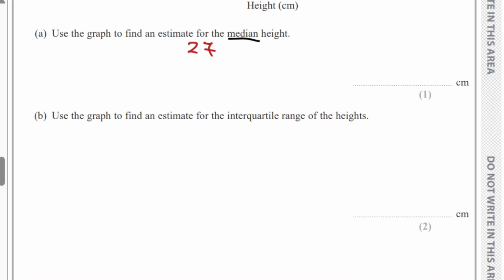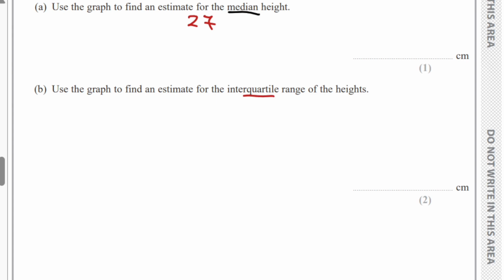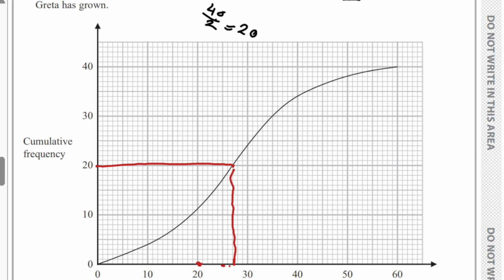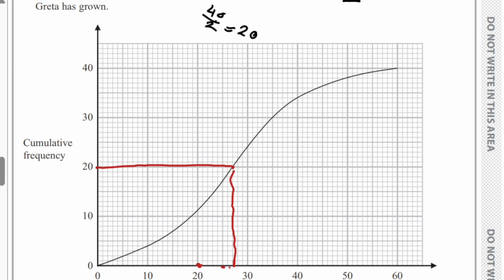Now, the next part says find the interquartile range. We will also look at the y-axis, but the interquartile range is the upper quartile minus the lower quartile. We need to find these two.